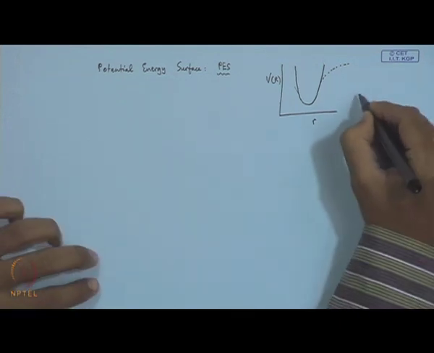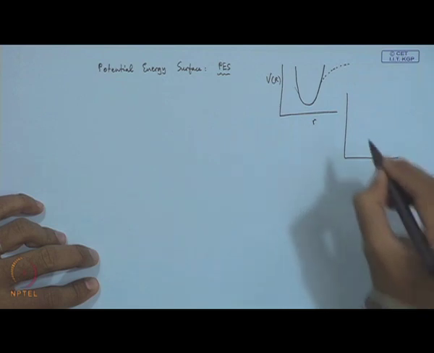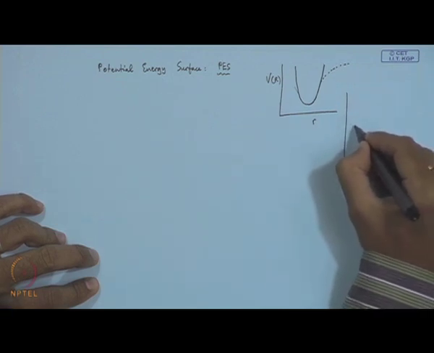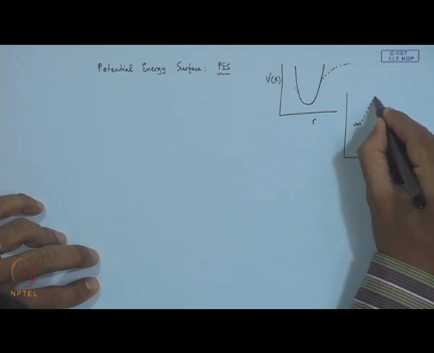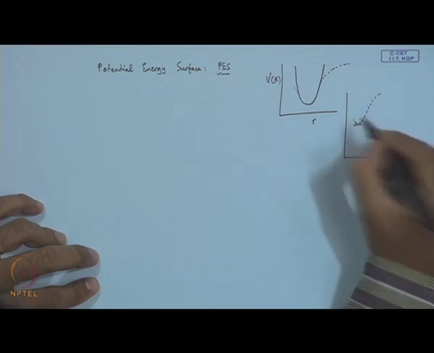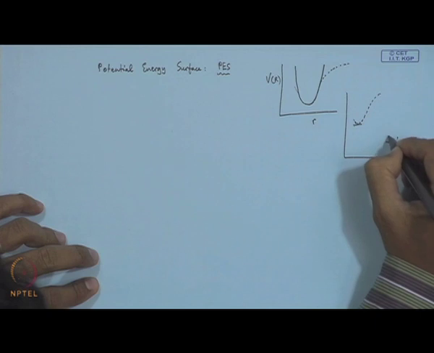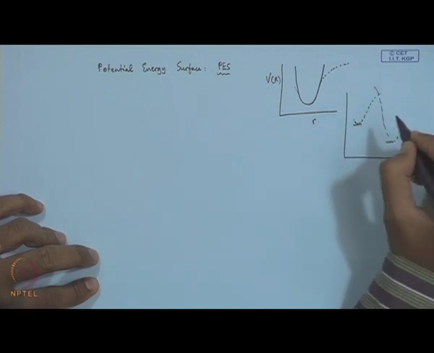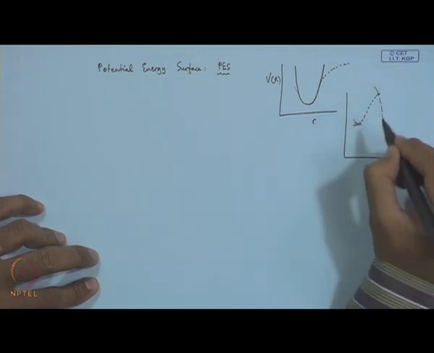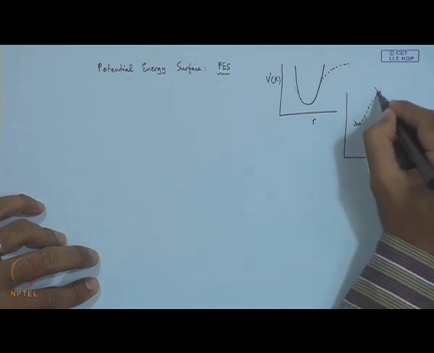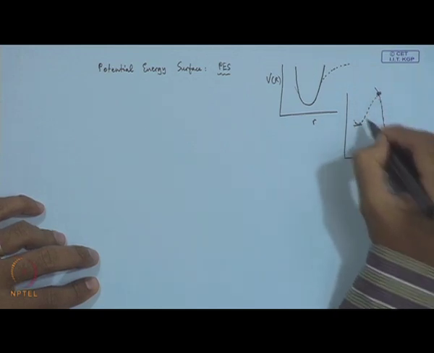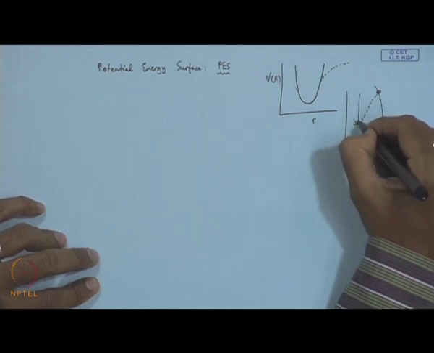Now generally for a chemical reaction, this is say the reactant side, this is the product side, and this is one potential energy diagram and this is another. They may be intersecting, and this point is the highest point. It is called the activation energy for the forward process.